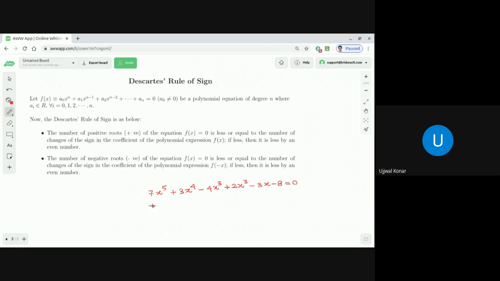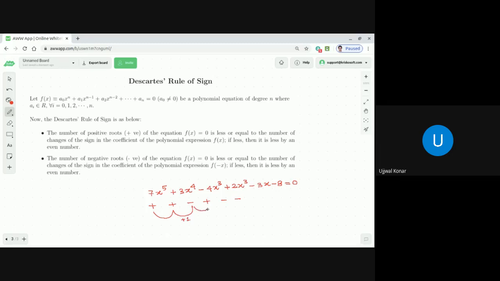Sign of 7 is plus, correct? Then sign of 3 is plus, sign of 4 is minus, sign of 2 is plus, sign of 3 is minus, and sign of 8 is minus. So plus to plus, there is no sign change. Plus to minus, there is a sign change, so we add 1.